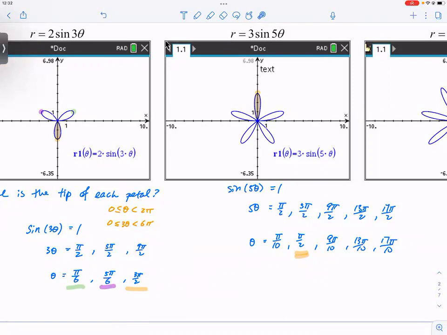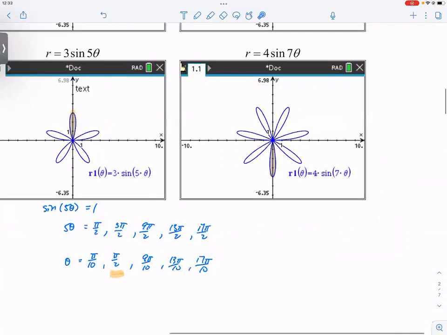And you would expect that it's either pi over 2 or 3 pi over 2, so it has to be the one that can be reduced. So divide by 3, 9 pi over 2 gives 3 pi over 2. 5 pi over 2, divide by 5, you get pi over 2. So that's how you can tell easily.